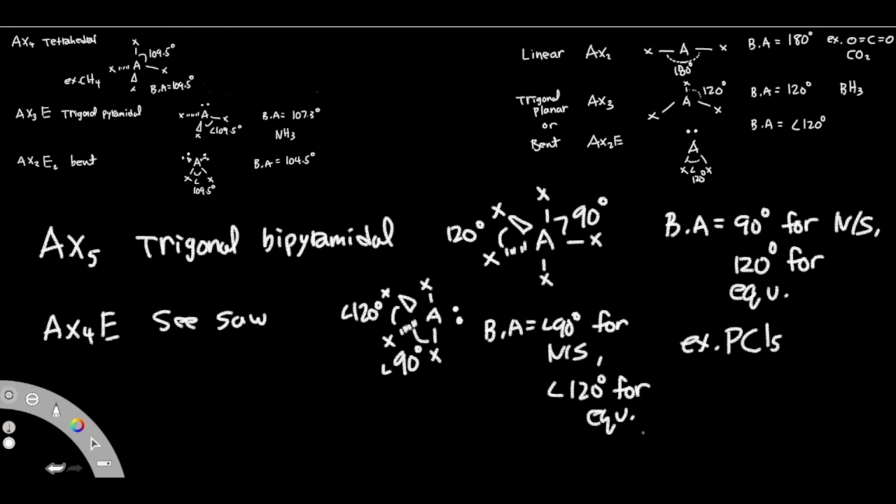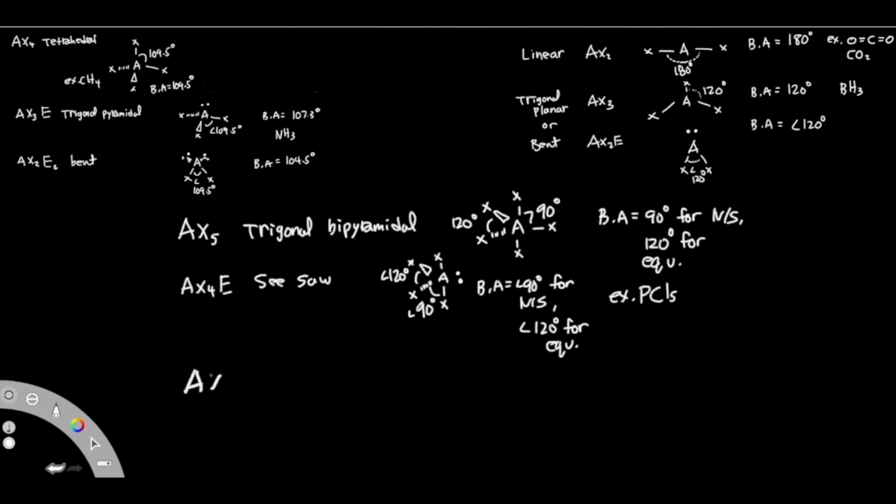Next, below the AX4E is going to be AX3. Add one more to the E, so it's going to be E2. So we have AX3E2. Now, how is AX3E2 going to look like? It's called T shape.